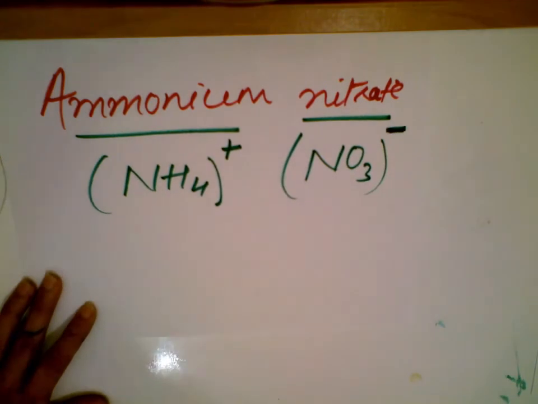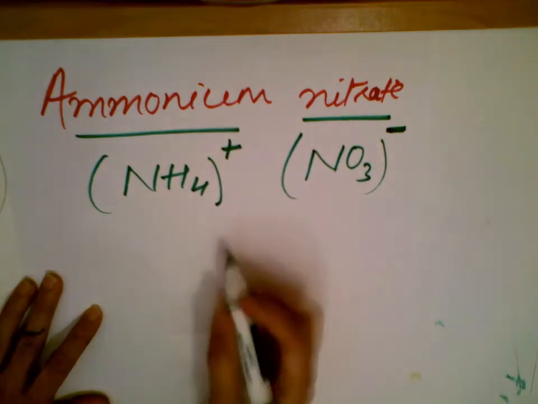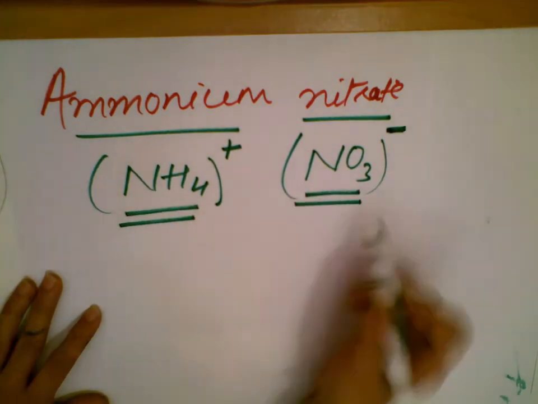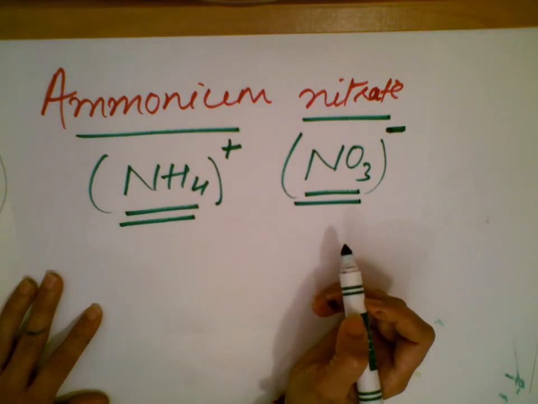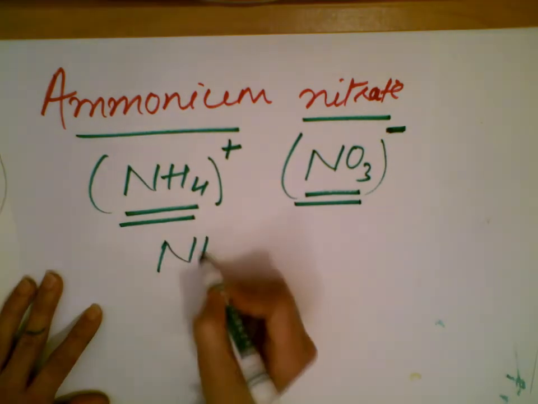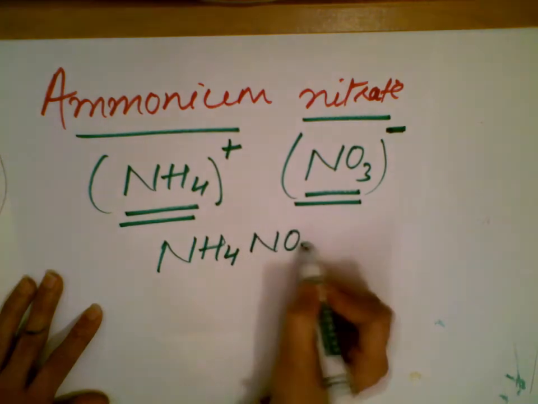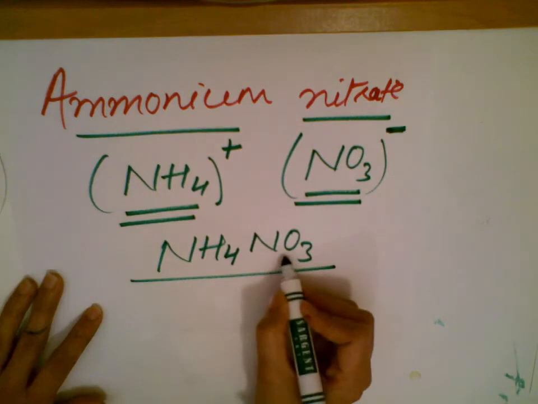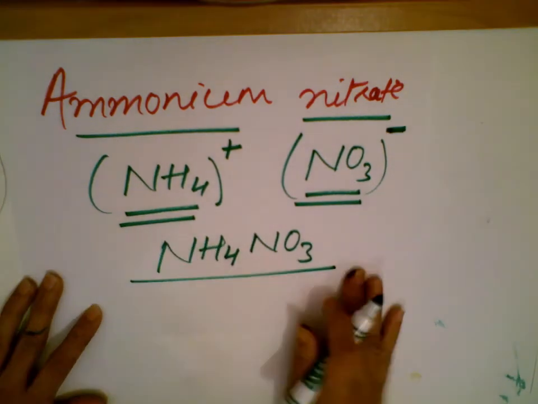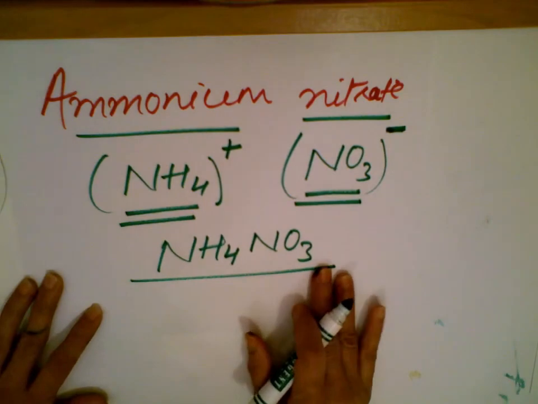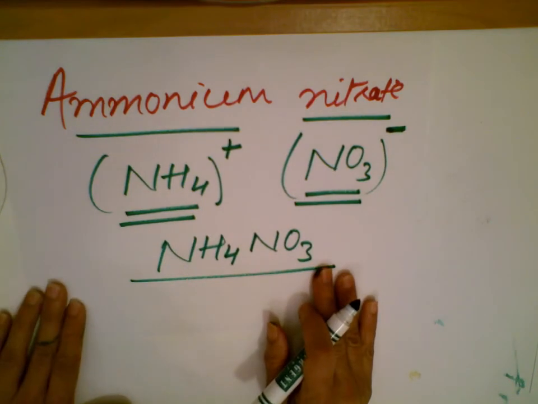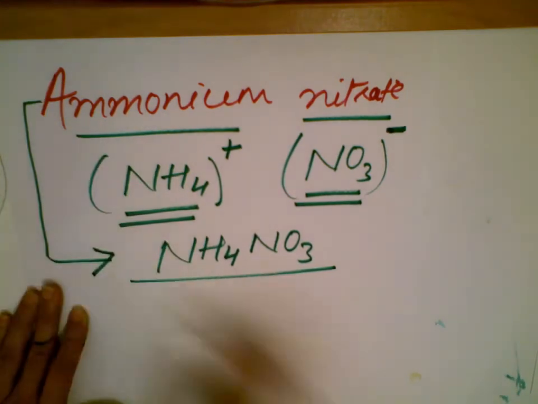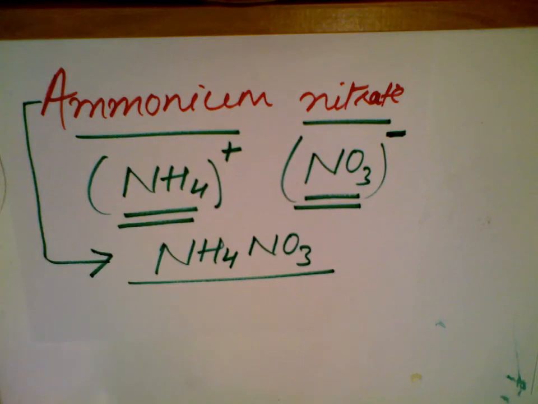These are the formulas for them. Now, you can tell right away, for 1 ammonium ion, you need only 1 nitrate ion to make this compound called ammonium nitrate. So we do not need to keep the parentheses. Regardless of whether I keep the parentheses or not, it's not going to make any difference, because anything multiplied by 1 is still going to give the same number. So here is the formula for ammonium nitrate.